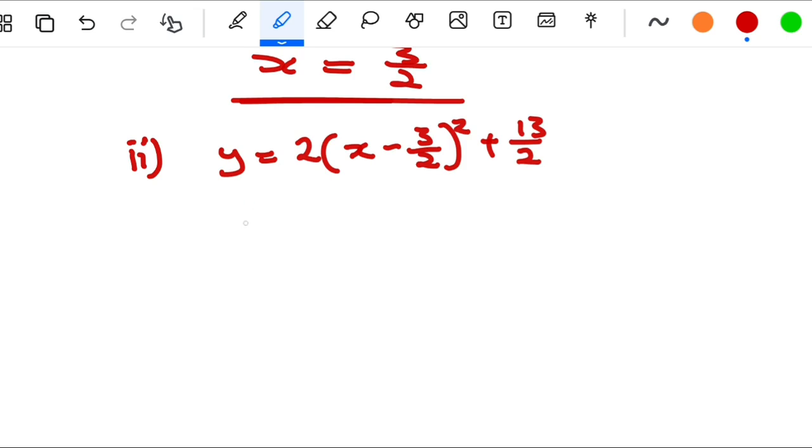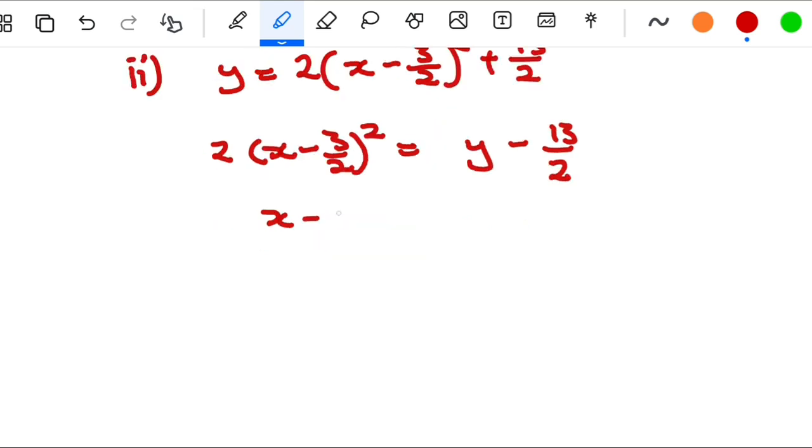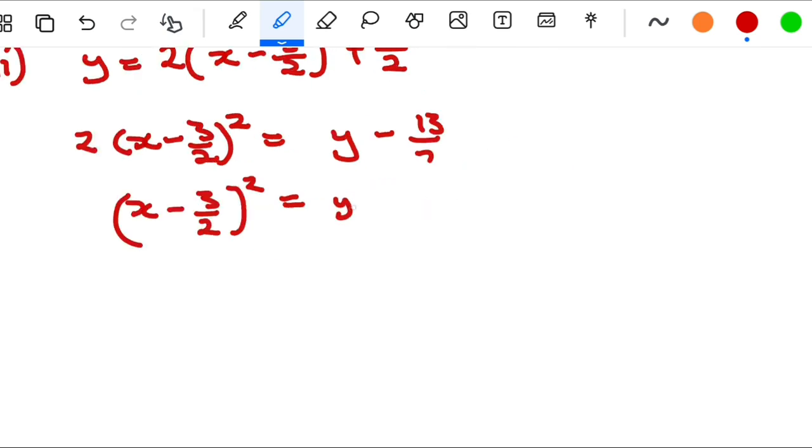How can we do that? We can say 2x minus 3 over 2 squared equals y minus 13 over 2. x minus 3 over 2 squared equals y over 2 minus 13 over 4.